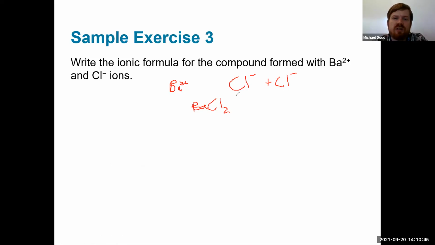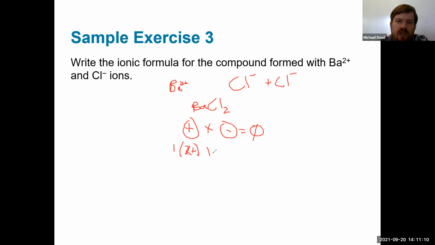Now, if you like algebra a lot, the way that you can think about this problem is your positive charges plus the negative charges have to equal 0. Well, we know that we have 1 barium, so that's 1 times 2+. And we know that we have our chloride ion, which is -1, but we don't know how many of them we have.